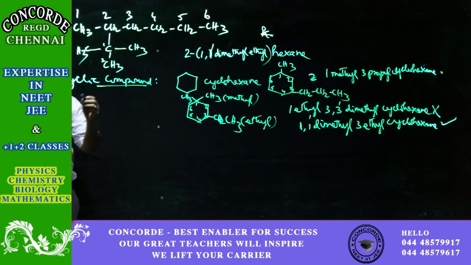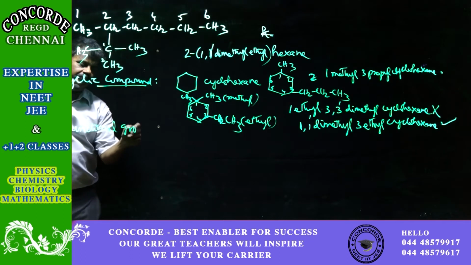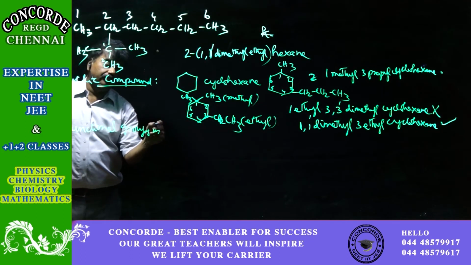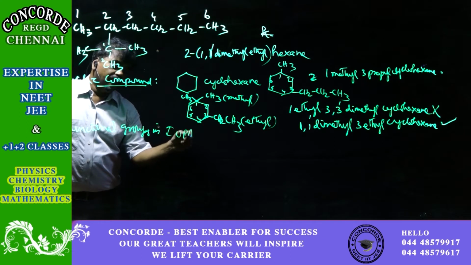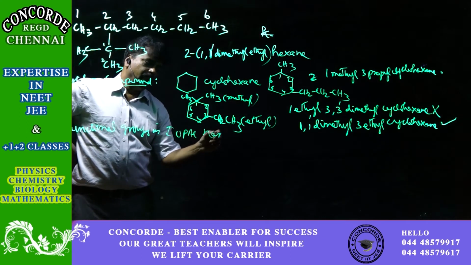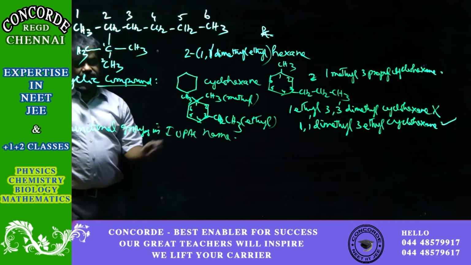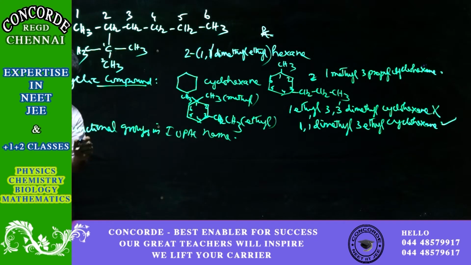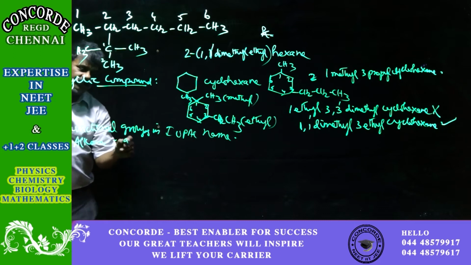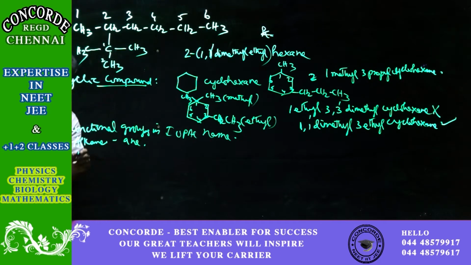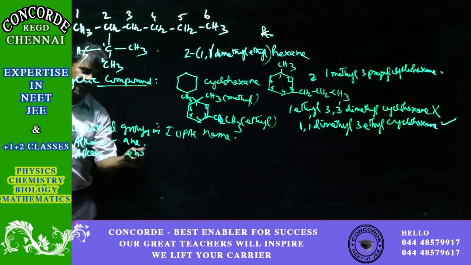Now functional groups. How to name the functional groups in IUPAC? All alkanes will end as ane, alkenes will end as ene.